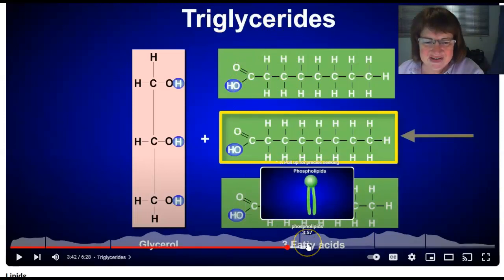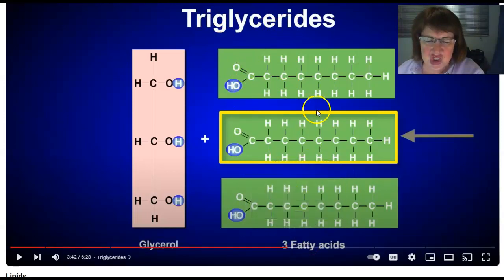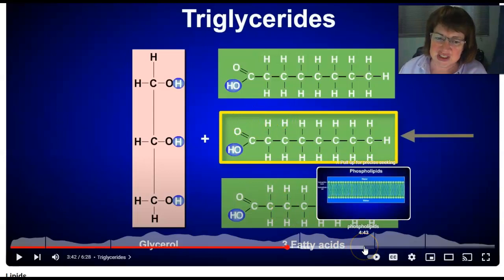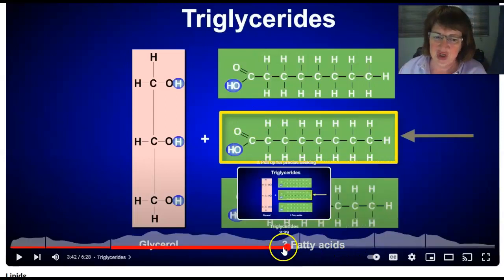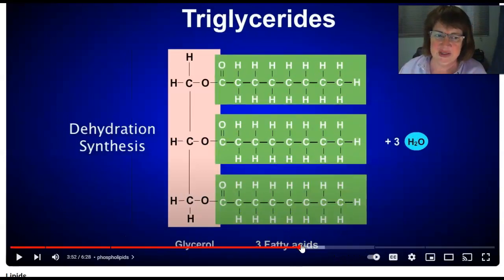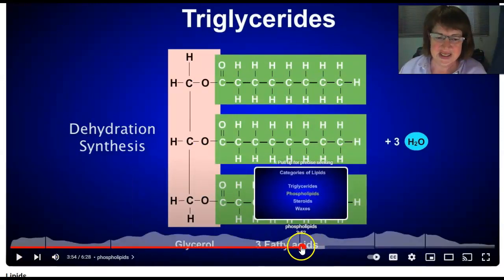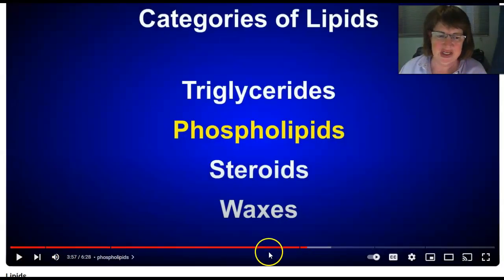Now, if we take the triglyceride and we change one of the fatty acids out and replace it with a phospho group, we end up with something called a phospholipid, group number 2. Now, phospholipids have this really unique head and tail.